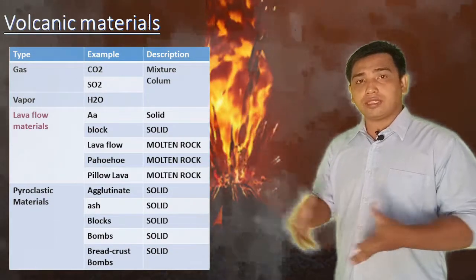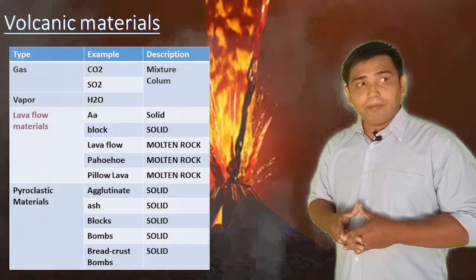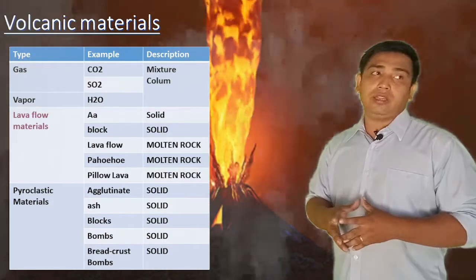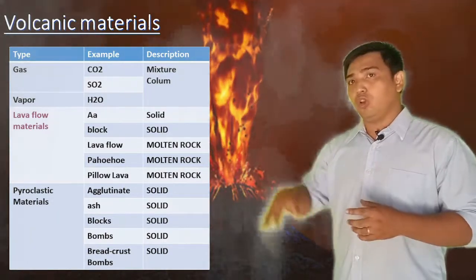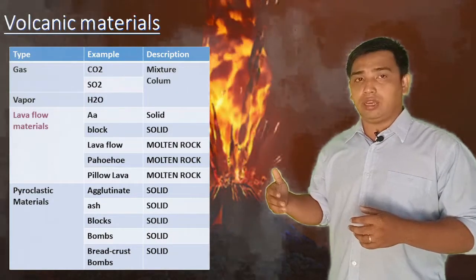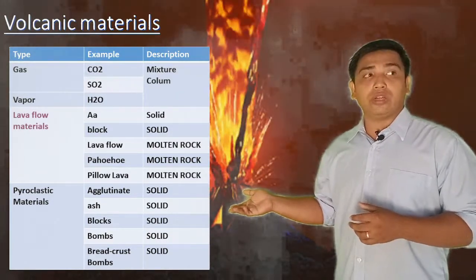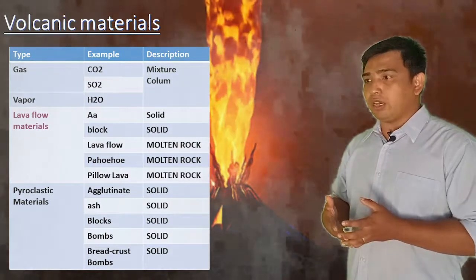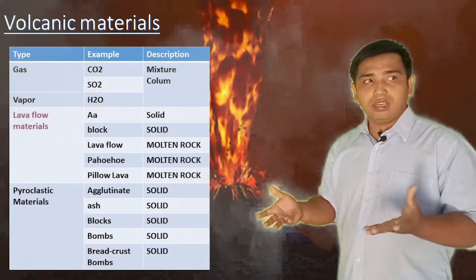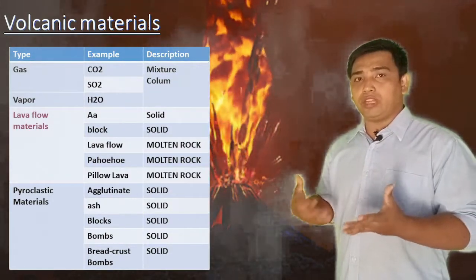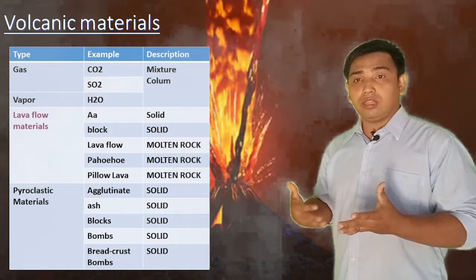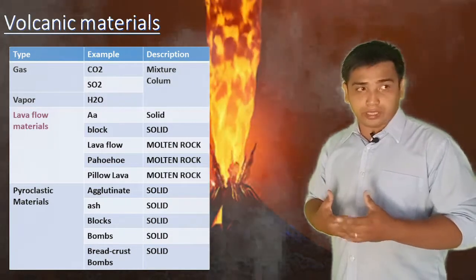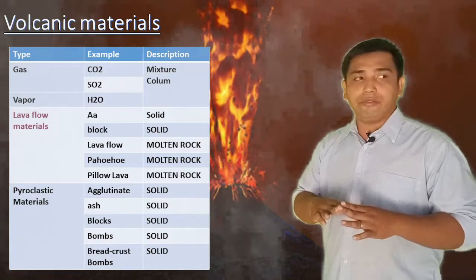The next category is vapor, or steam, that is superheated to high temperature and is mainly composed of water. After a volcanic eruption, this will mix up, and when it rains, the rain that it produces is a little bit acidic. So you should be able to avoid that.